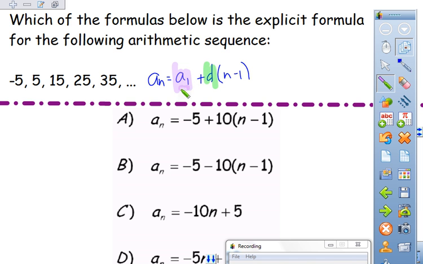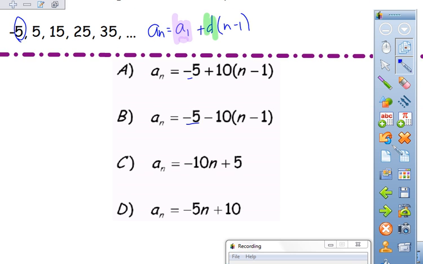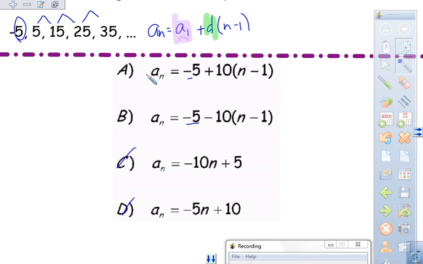So let's figure out the purple number first. Our first term is negative 5. So I see negative 5, doesn't look like what we have above. So I'm going to throw out C and D. And now I'm looking for my common difference. So I'm going to start here. It looks like we're adding 10, adding 10, adding 10. So part A is going to be our solution.